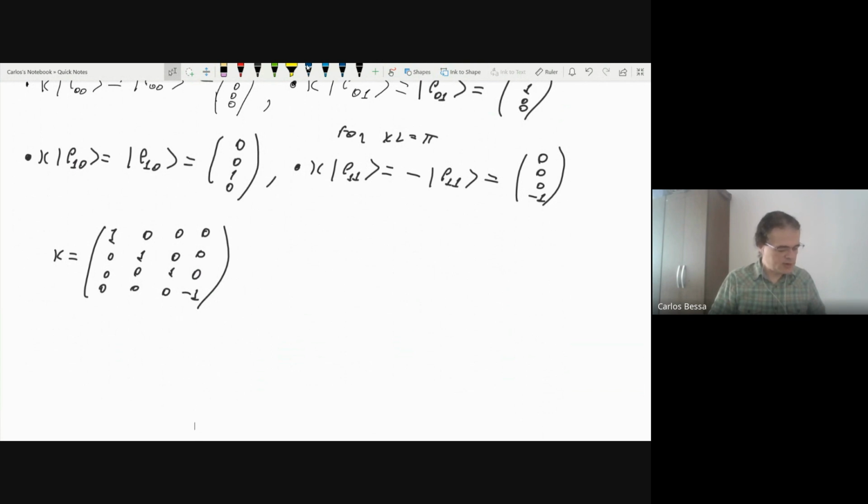And if we remember, it's the matrix representation for chi L equal to pi. That's why this is minus 1.